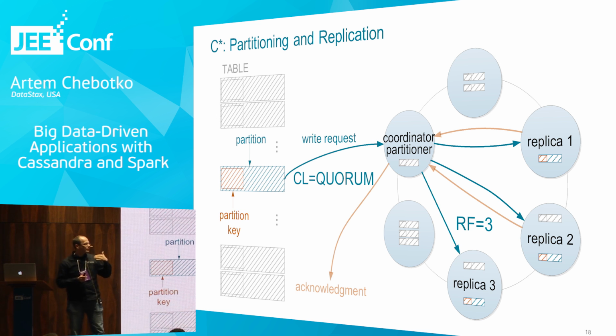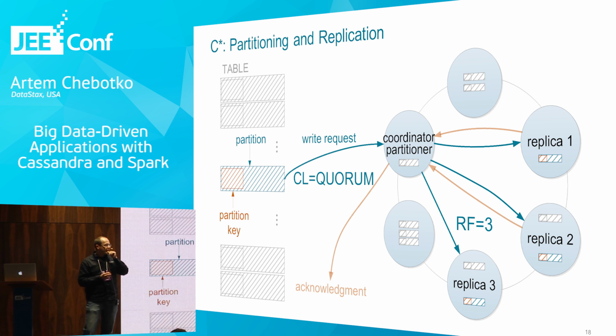You have a client that wants to write this partition into your cluster, which has 6 nodes. You connect to any node in the cluster, and that node takes the role of coordinator, and it has a partitioner. Based on the partition key that you specify, it decides which node, or which set of nodes, is going to store that particular partition. In this case it finds 3 replicas, because we're using a replication factor of 3. So we're going to store our partition on 3 nodes.